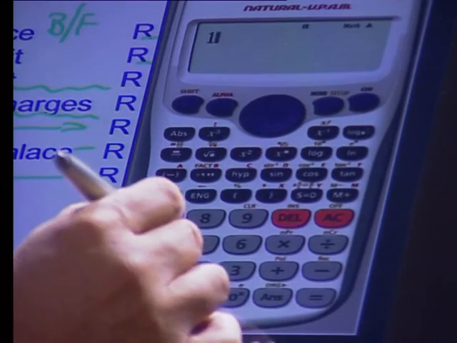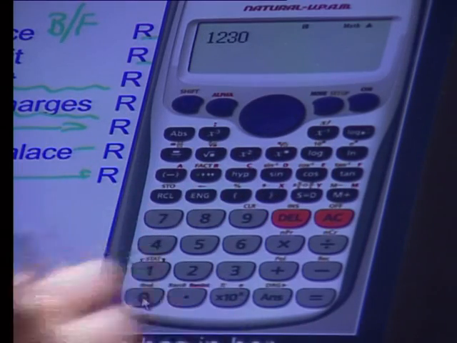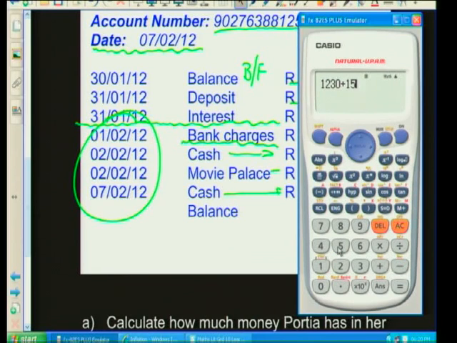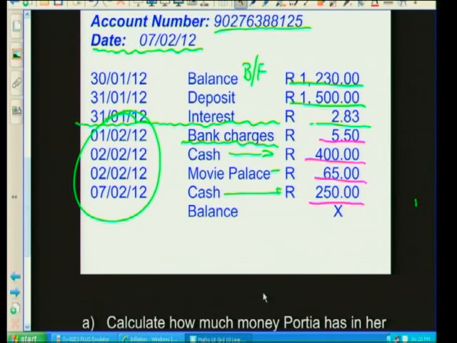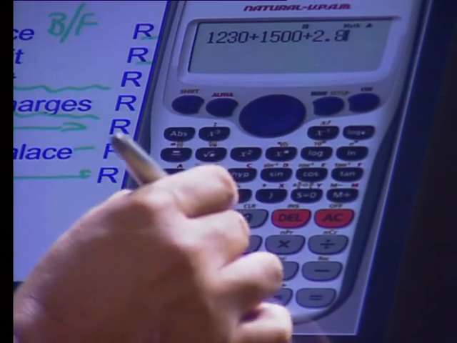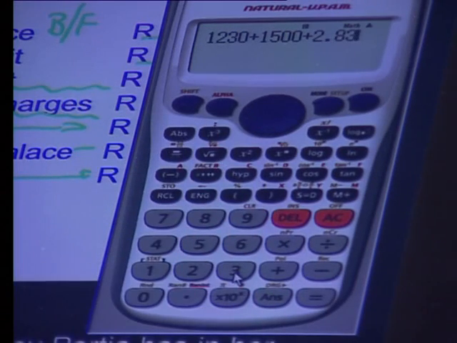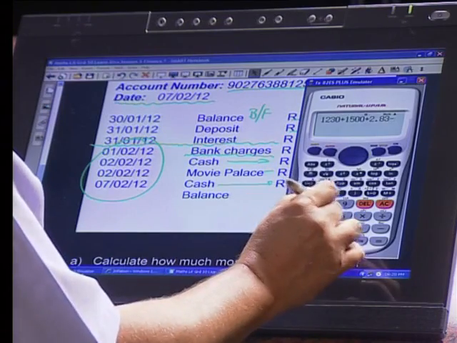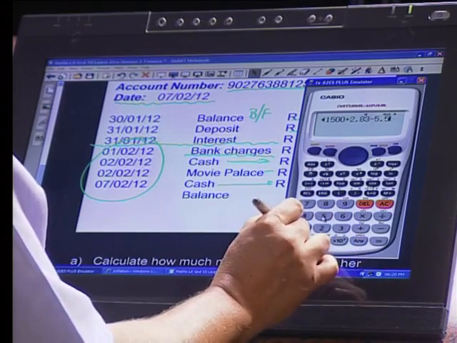Okay, so I'm going to show you step by step, and let's go. First thing then, we said she had a bank balance of 1,230 Rand. We added 1,500 Rand. Do you remember that? Plus her interest of 2.83 Rand. Now we're going to take all those horrible expenses and take them away. So minus 5.50 Rand for bank charges.